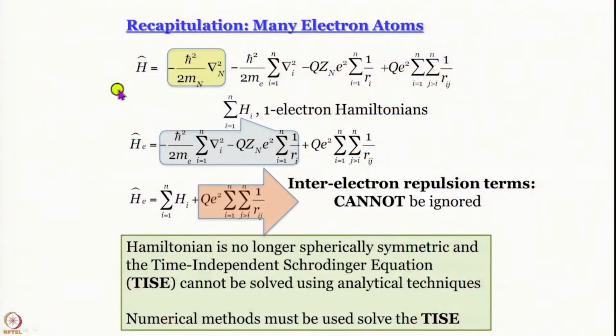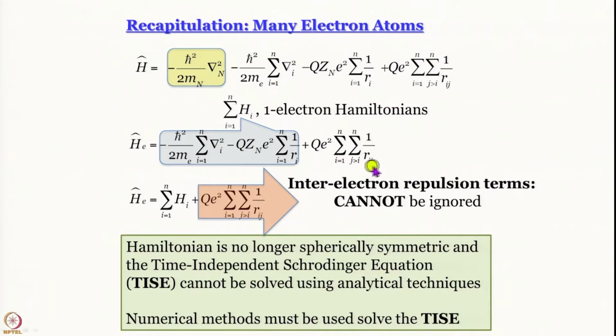But before that, I hope we have not forgotten that for many electron atoms, this is how we wrote the Hamiltonian. In a concise form, the Hamiltonian of many electron atom is essentially a sum of n number of 1 electron Hamiltonians plus a sum of this NC2 essentially number of electron repulsions.